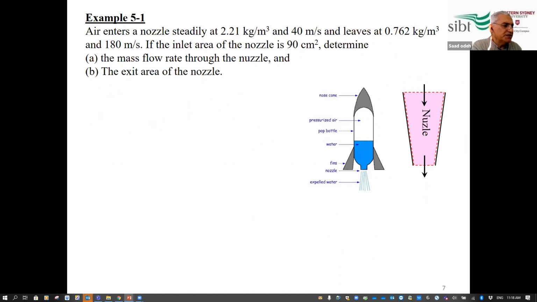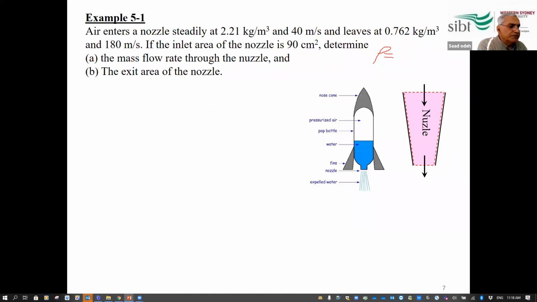Okay, so in this system here, as you can see, we have a nozzle with air entering the nozzle with a density rho 1. What's the density here entering?